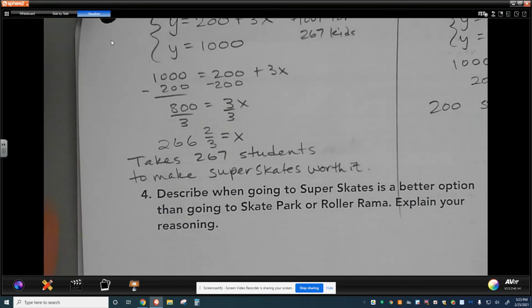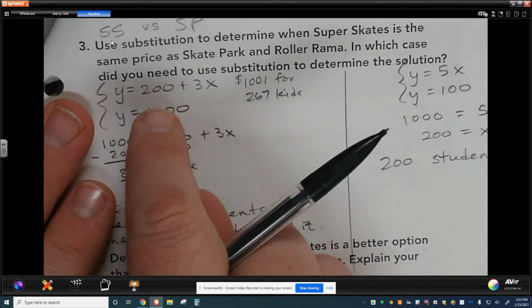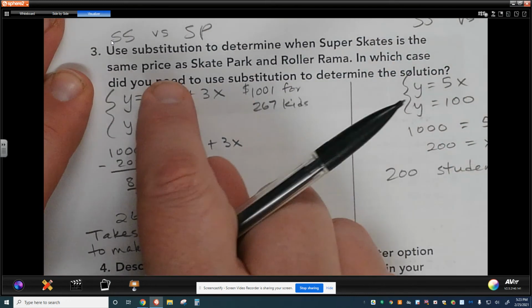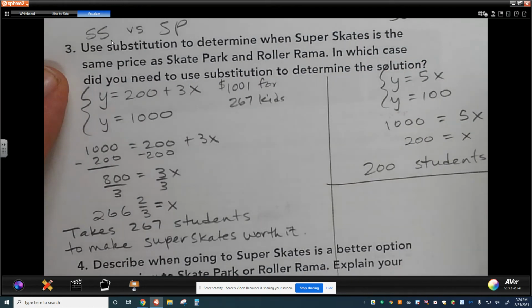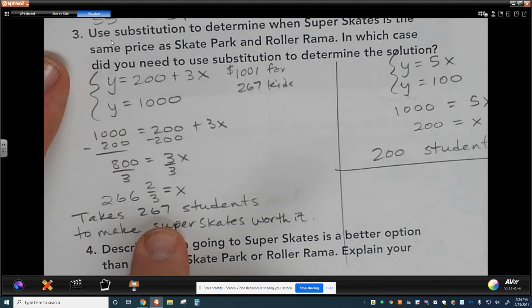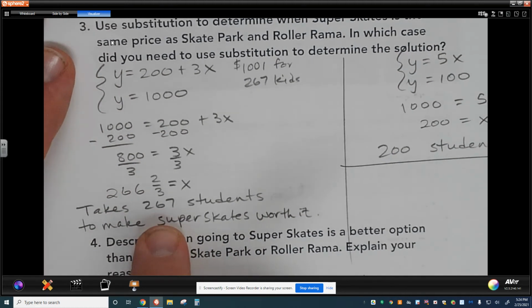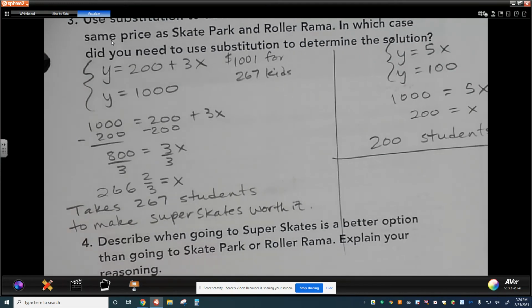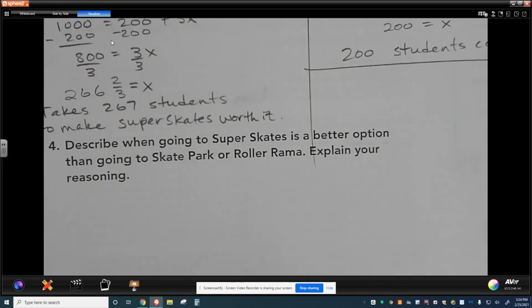That would probably not really work. So when we talk about in which case you need substitution to determine when the price is the same at Skate Park, I could say this. Well, I already did. 267 students is the same at Super Skates and Skate Park. 200 students is the same at both parks. So if we're going to go to Super Skates, when is it a better option?